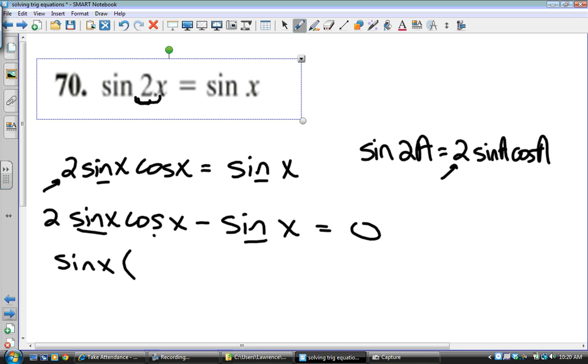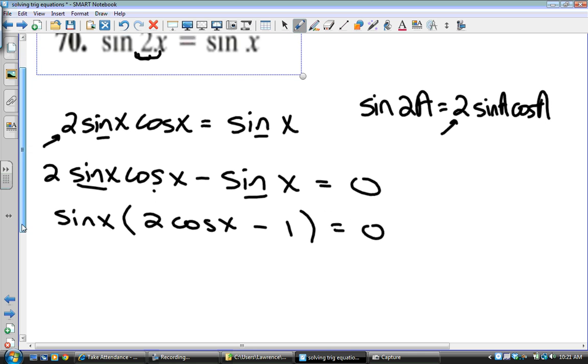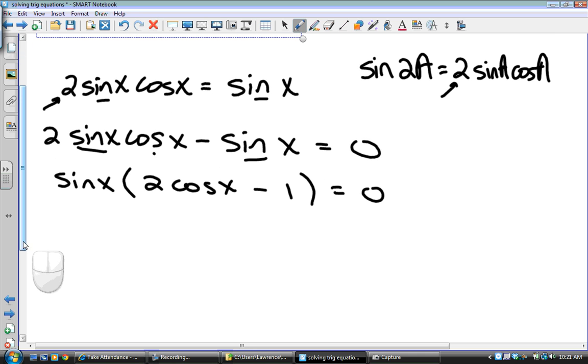And so that'll leave me with, what? 2 cosine x minus 1. Right. Now that it's in a factored form, we can use that a times b rule. If a times b equals 0, then a could be 0 or b could be 0. So we get sine x could be 0 or 2 cosine x minus 1 could be equal to 0.